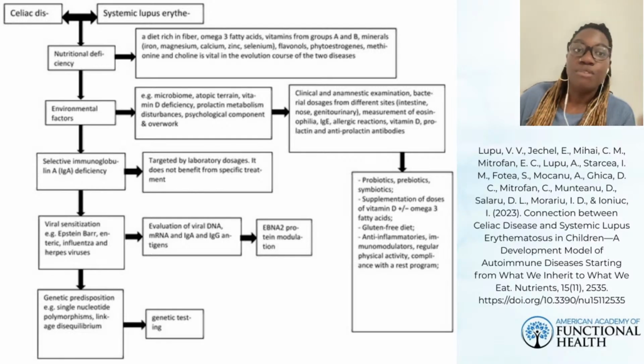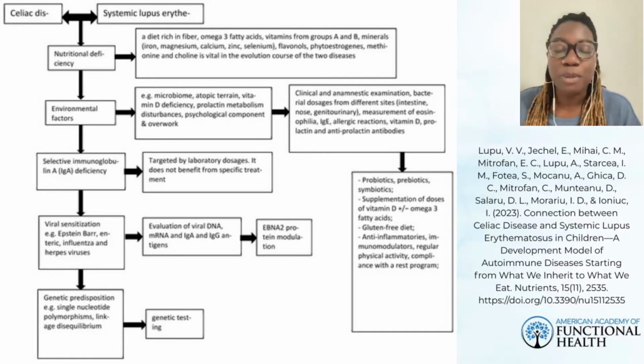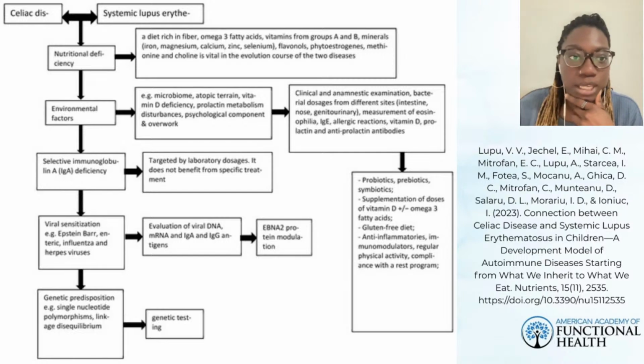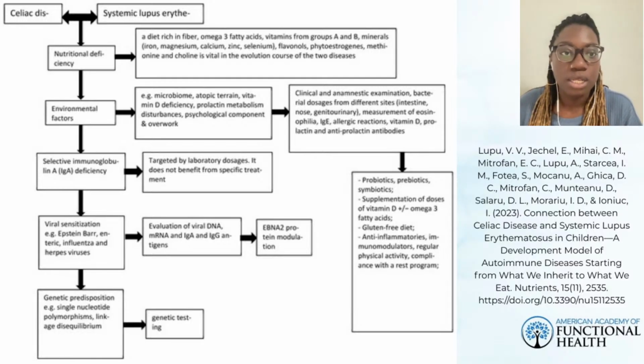Now, there are quite a few environmental factors that play a role in the development of these two autoimmune conditions as well. The microbiome, as Dr. Tall talked about, experiencing gut dysbiosis can be a risk factor for developing both lupus and celiac disease. Vitamin D deficiency is implicated in the development of both of these conditions, as well as certain stress issues.